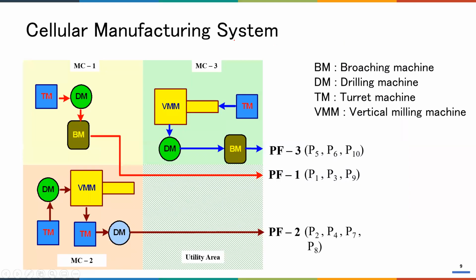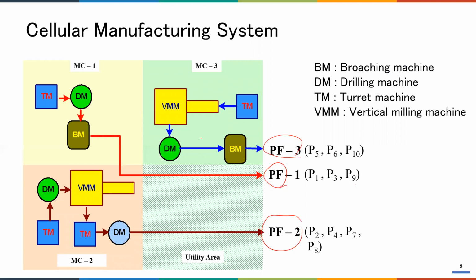When we use CM, or cellular manufacturing, we have 3 different part families. The first consists of part 1, part 3, and part 9. Part family 2 consists of part 2, part 4, part 7, and part 8. And part family 3 consists of part 5, part 6, and part 10.